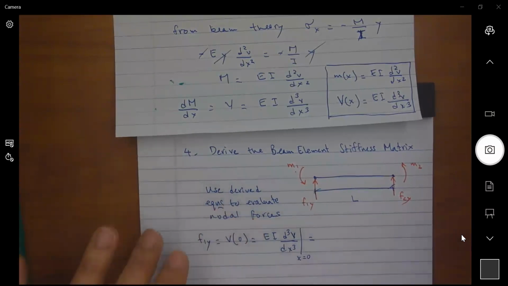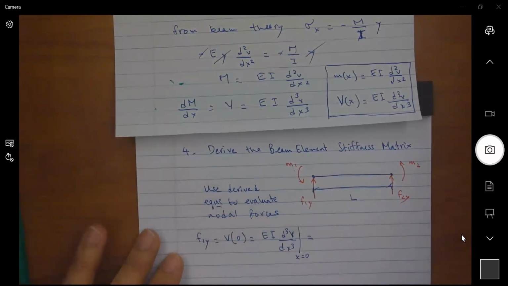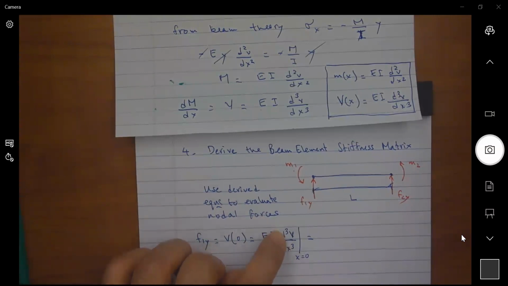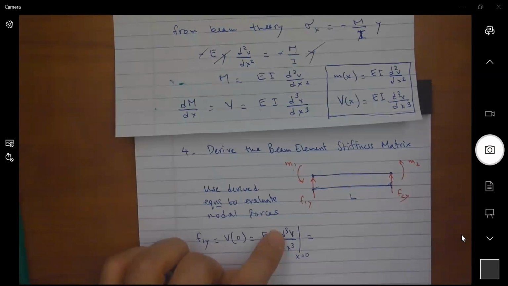By the way, we already have v, right? So we have v expressed as a function of x. So we can take the third derivative, right? We can take the third derivative for v.